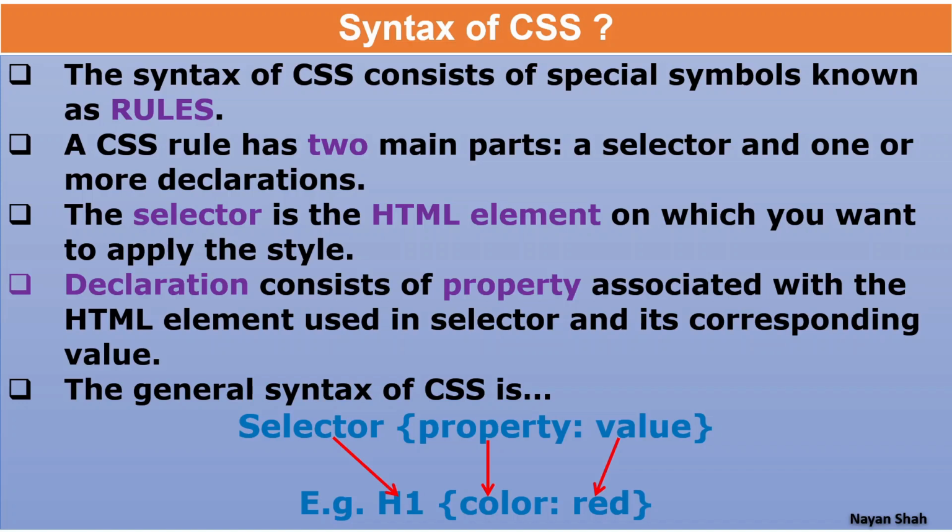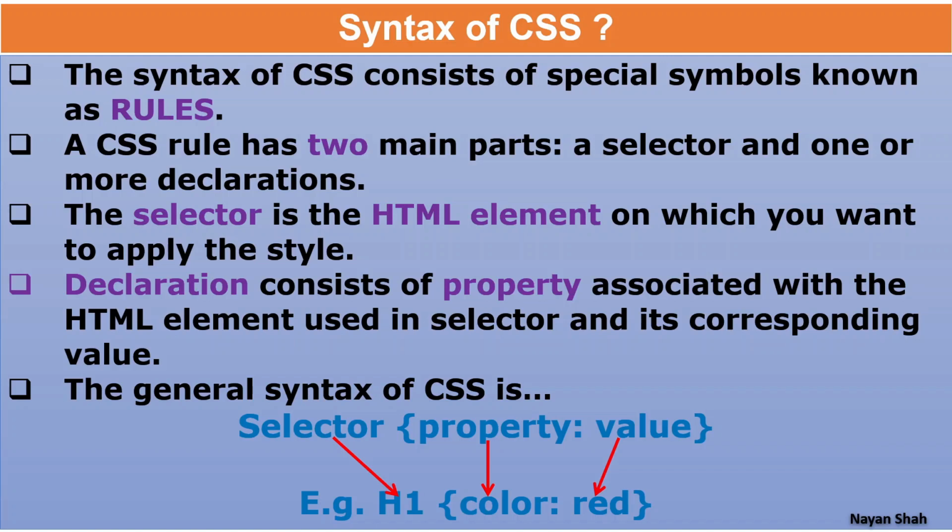Again observe that declaration is written within a set of curly brackets, and it contains 2 things, property and value. One more thing you observe is that property and value are separated by a colon sign.